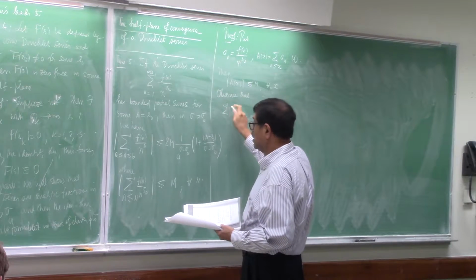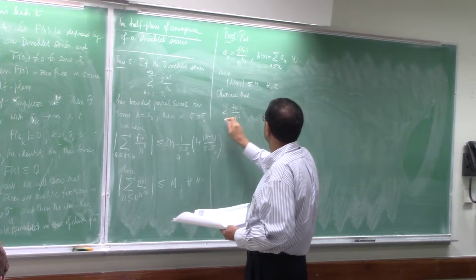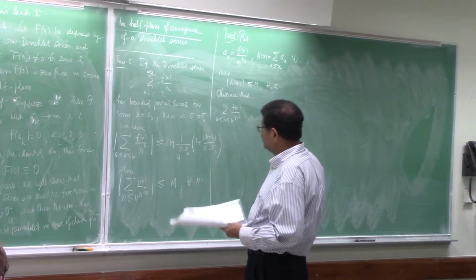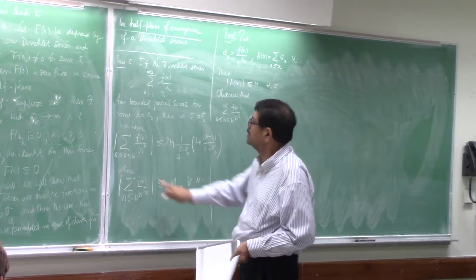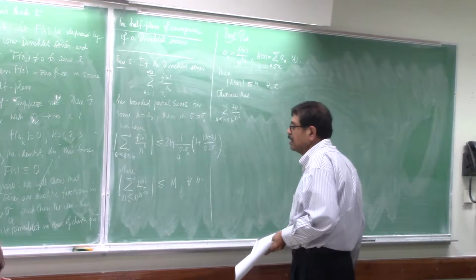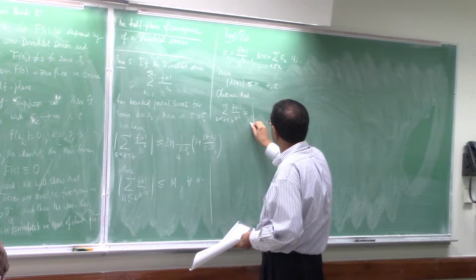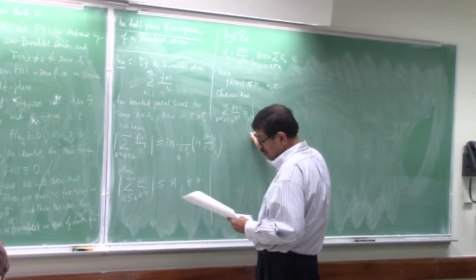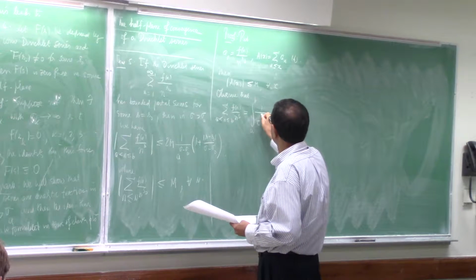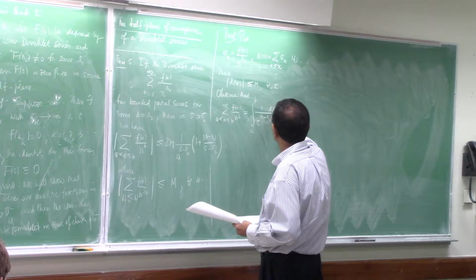summation f of n over n to the s, n between a and b, actually here he has a strictly less, I think that's because of the subtraction, is equal to the integral from a to b of 1 over t to the power s minus s naught dA of t.